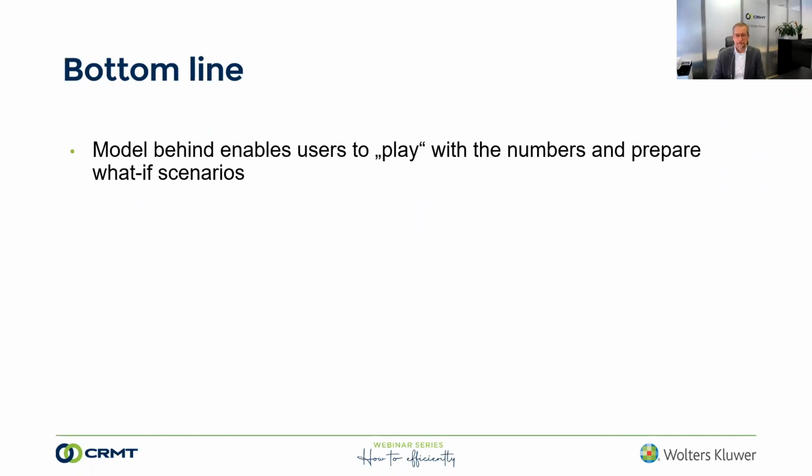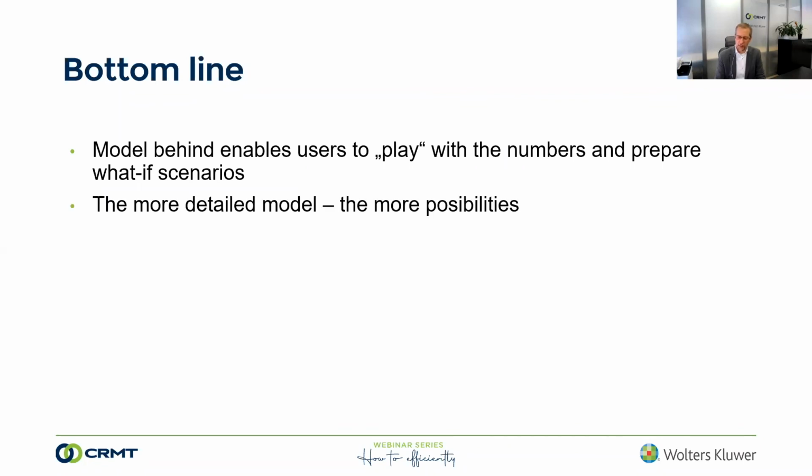So the model that is behind the tool that we were showing you enables the users to play around with numbers and prepare what-if scenarios. This is where we define how complex the model would be, and the more detailed the model, the more possibilities there are. Because with such an example that we showed you today, we would be able to play around with the simulation.